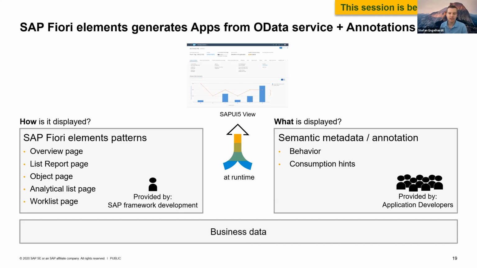For example, we did lazy loading on the object page, and from one UI5 release to the next, the performance of all the object pages using Fiori Elements was very much improved, because we just load the first few sections which the user sees, and only when he scrolls down, we load additional data. So for you as an app developer, there was zero effort; it came for free.